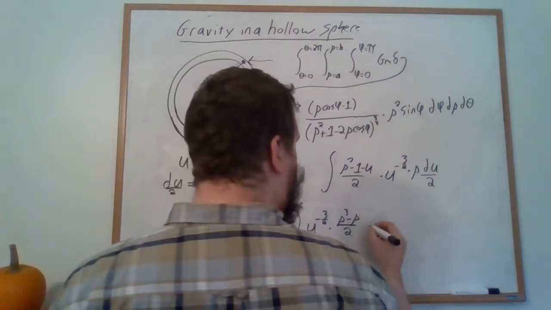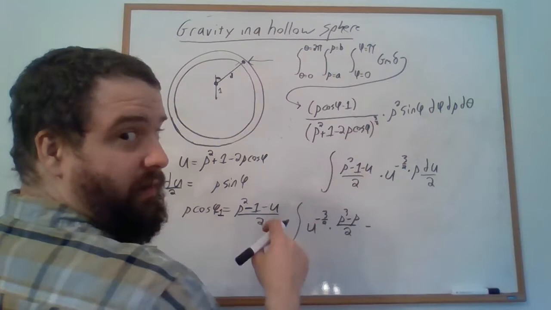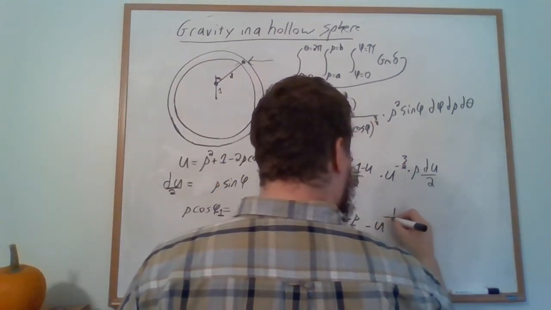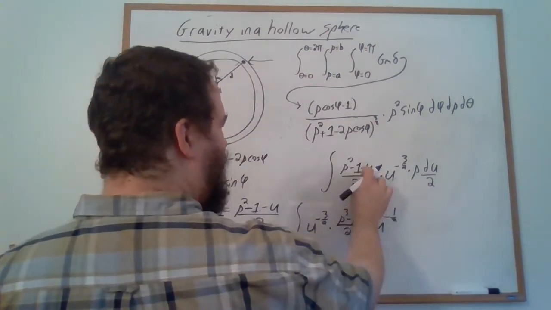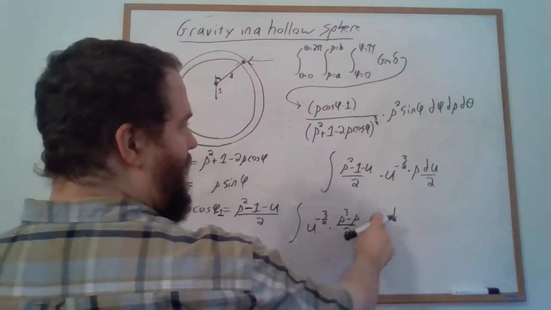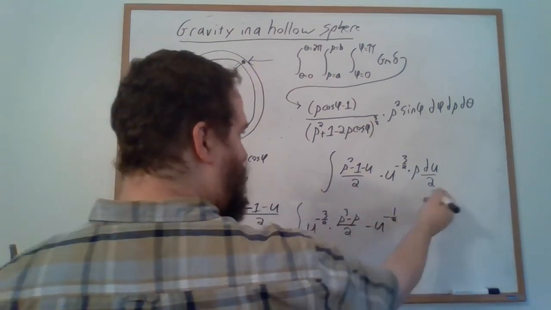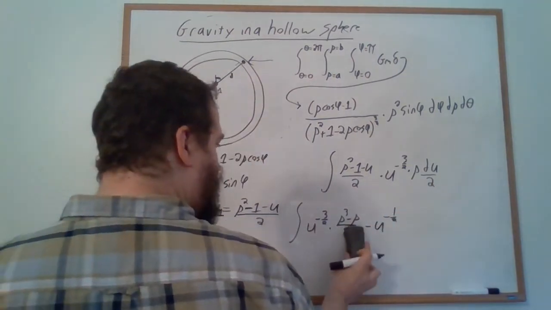And then we also have a u times u to the negative 3/2, which is a u to the negative 1/2 term. And that gets multiplied by a negative sign here, which I've copied down there. And it gets divided by 2. Oh, whoops, I forgot this 2 here, which also goes here.